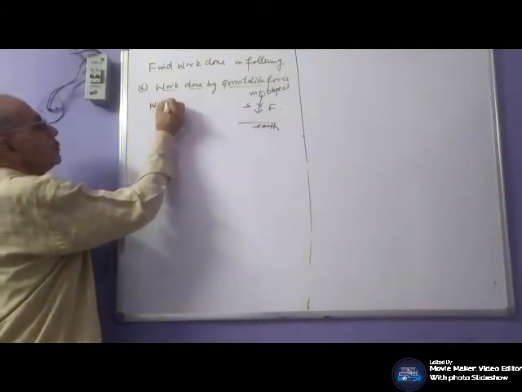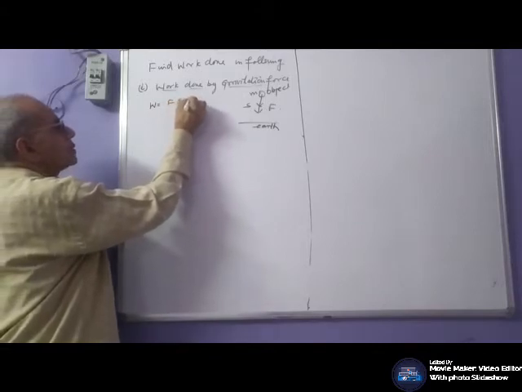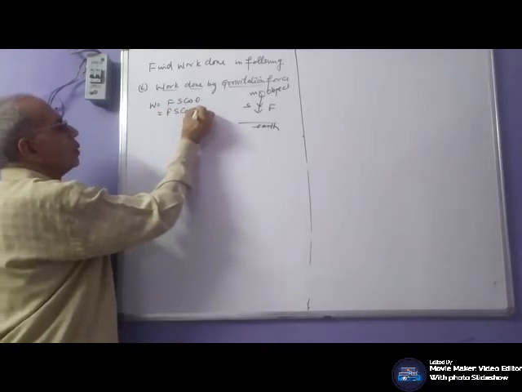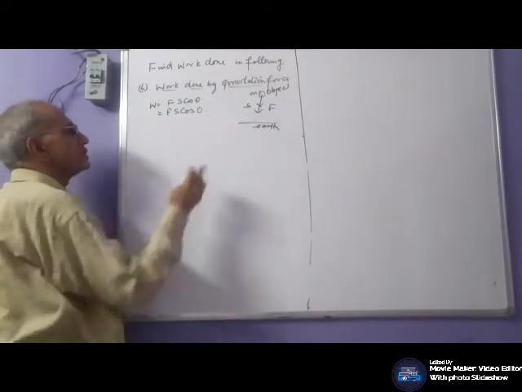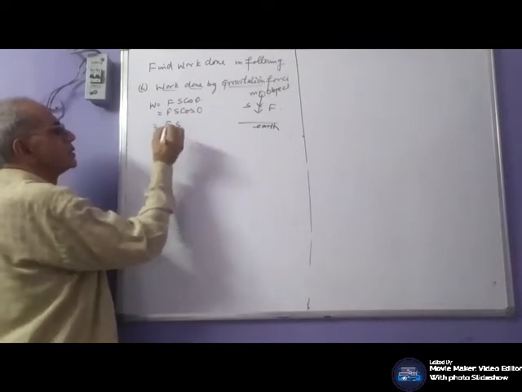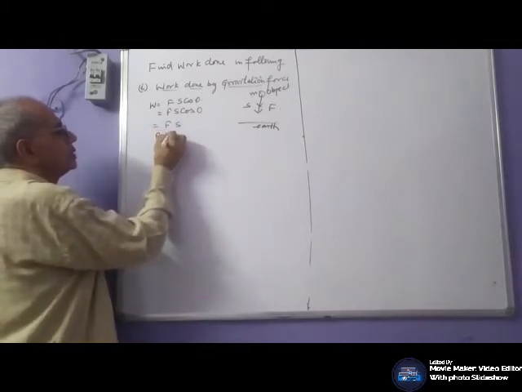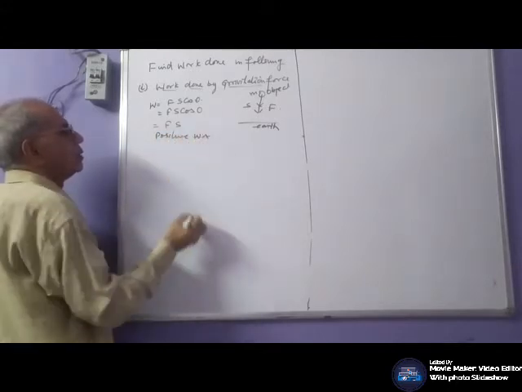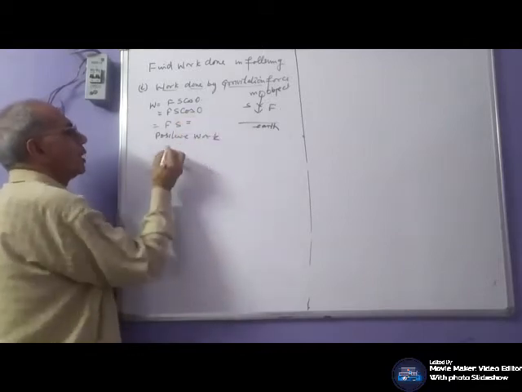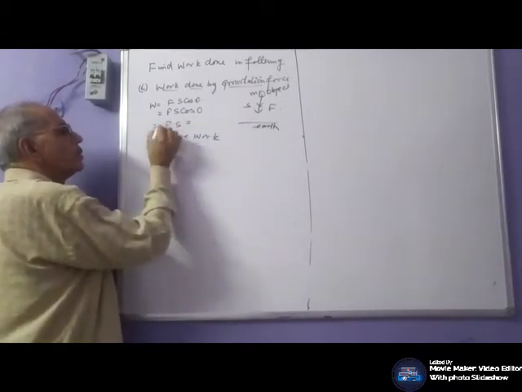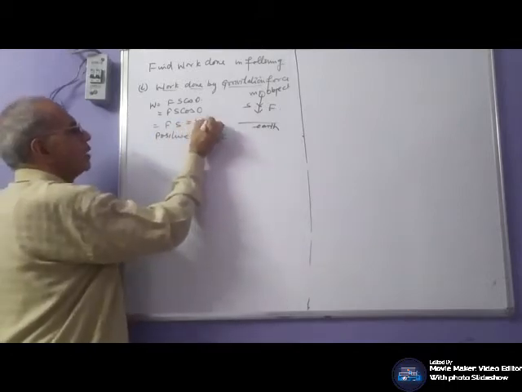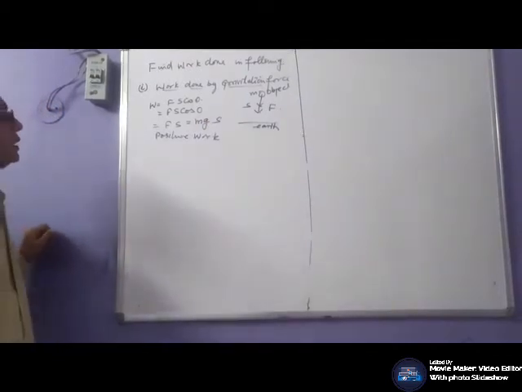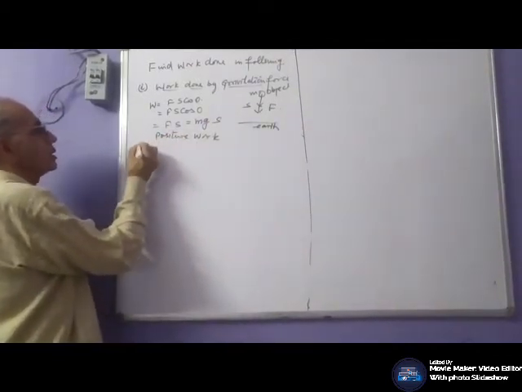We know work done is Fs cos theta, Fs cos 0, as the angle between F and S is 0. So it is Fs. This is positive work. Or if you want to give values for force, m is mass, F is mg, so work is mgs. This is the work done by gravitational force. It is positive work.